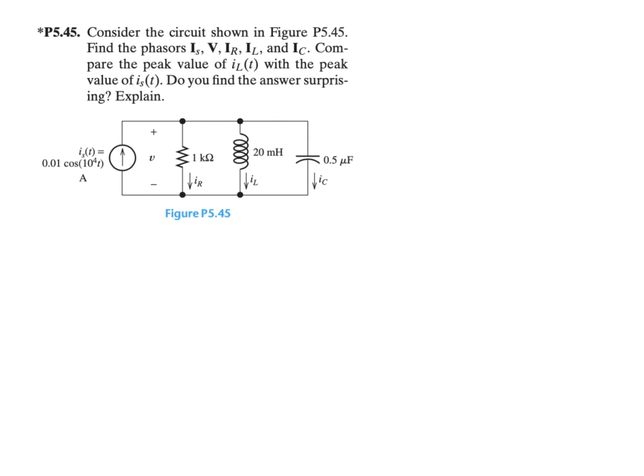That's to combine the elements. So what we can do here is we can combine all of the three. They are all the same types of elements when we convert them into the impedance. So here, IS, let's first convert IS into phasor domain.